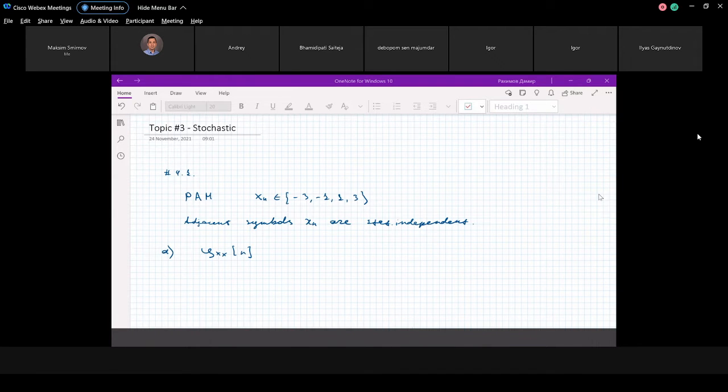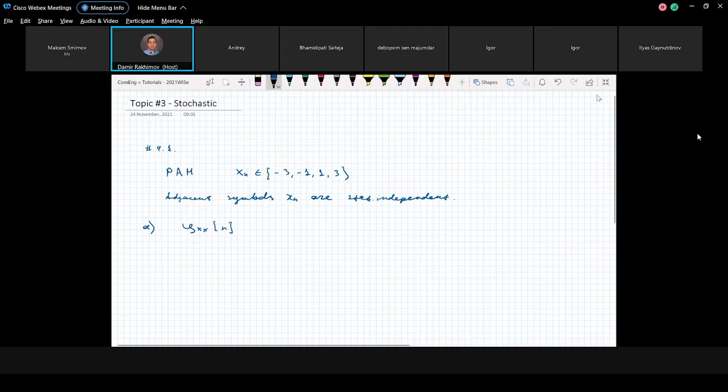Unrelated questions we can discuss at the end. Okay. Autocorrelation function: phi x of, not actually n, but a function of m, because n is the index of our symbol.